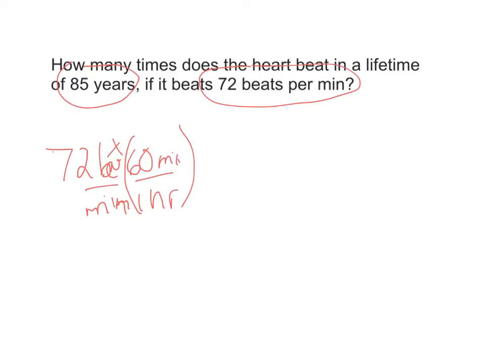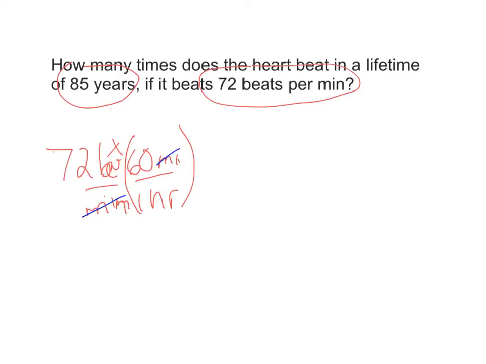So there we are. And so you can see there, yes, so there we go. We've got my minutes canceling out. All right, and so now we've got 72 beats per hour. But we're trying to get to a lifetime of 85 years. So we're going to need another conversion here.